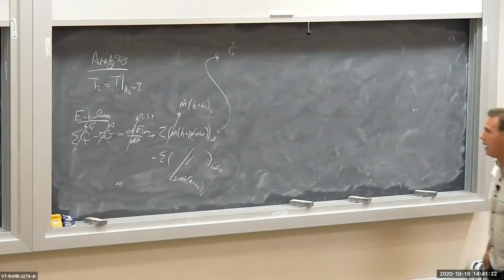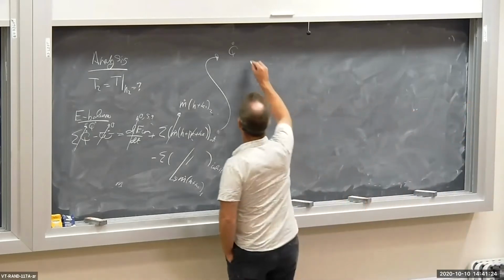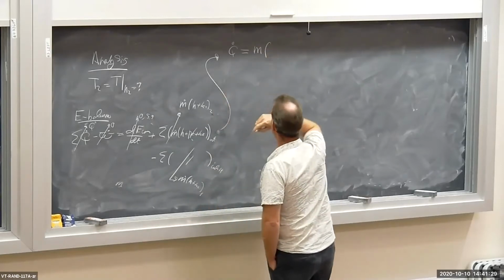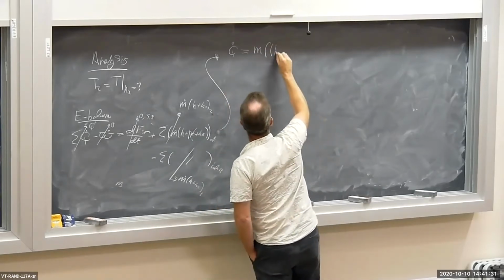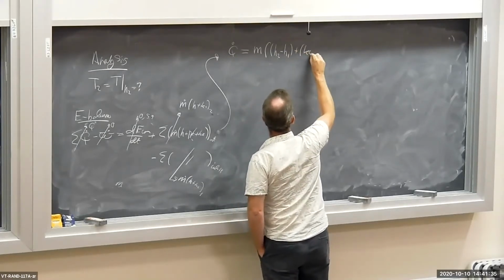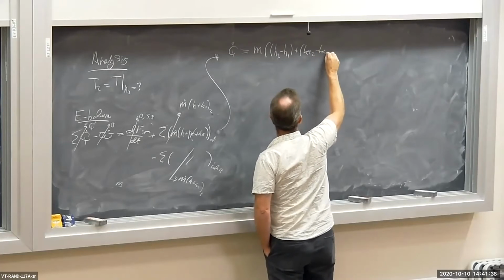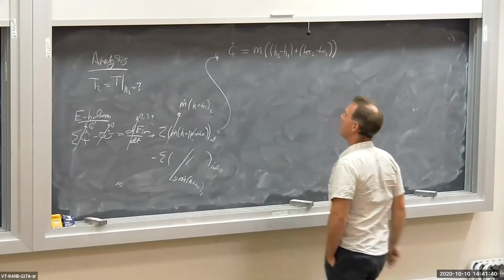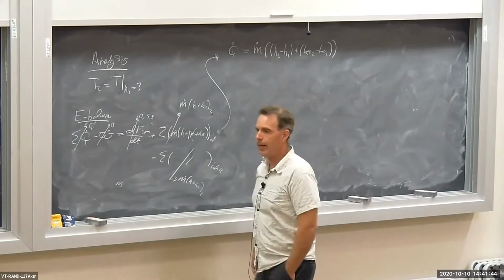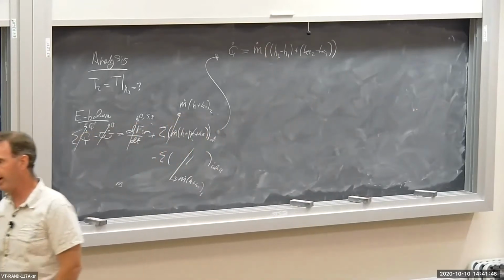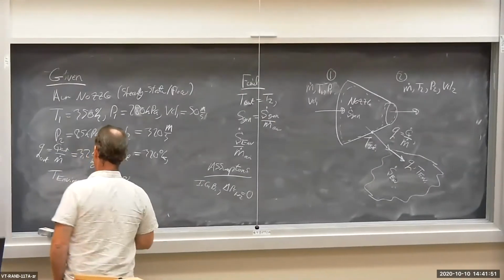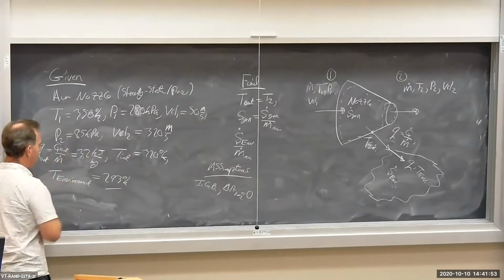So I got Q dot is equal to m dot, and then I think I'm going to group together terms here. m dot times (H2 minus H1 plus KE2 minus KE1). Okay, so there's my energy balance here. Now, I don't have Q dot or m dot. All I have is Q dot per unit mass, Q dot out over m dot.